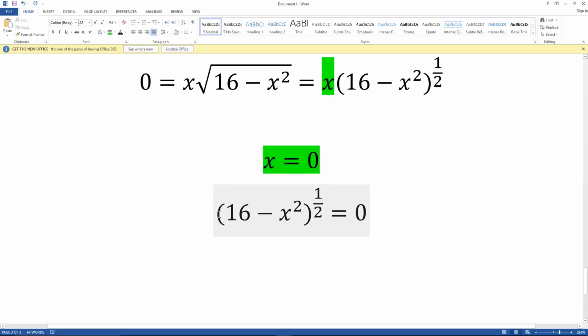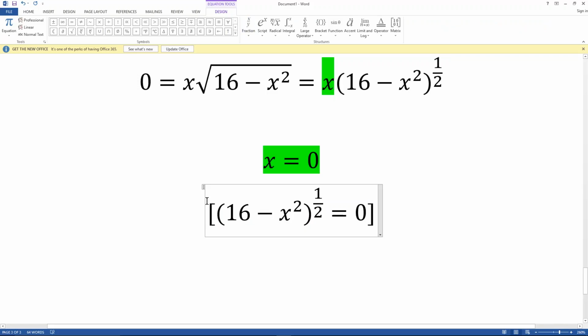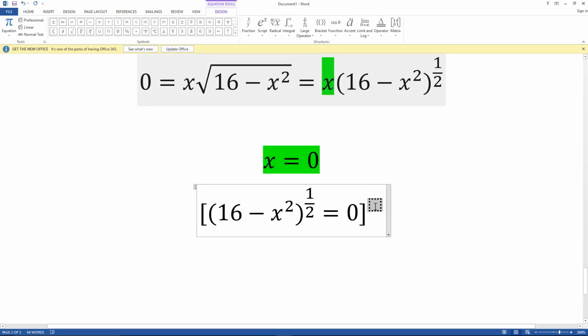Yes, sir. How do I get rid of a 1/2? You raise it to the second power.